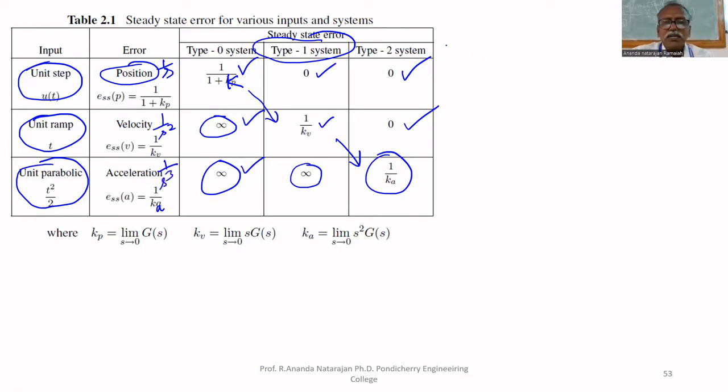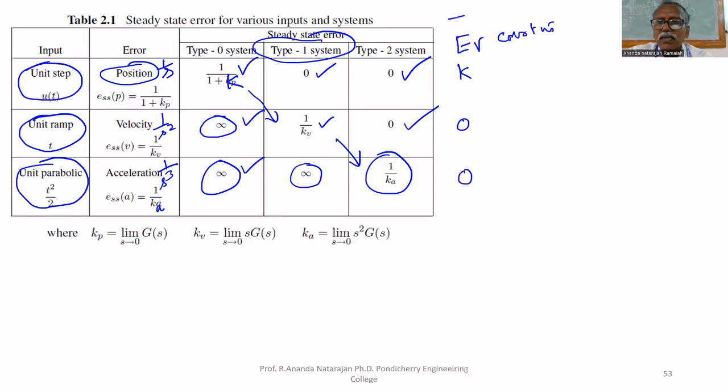Now the error constants, which are not in the table. For a type 0 system, for position input you will get K, for velocity input you will get 0, and for acceleration input you will get 0.